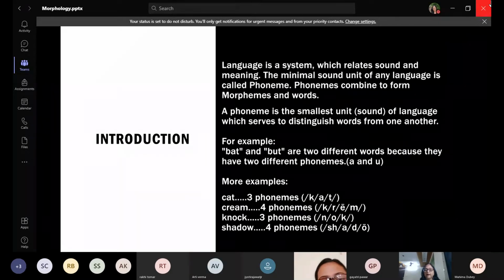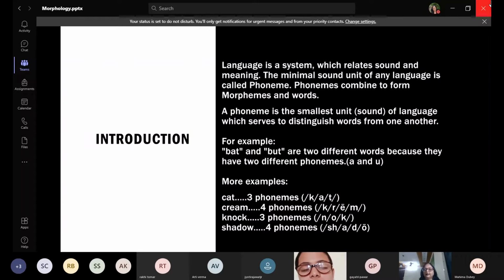Now what do you do? You change one phoneme. The vowel a is replaced by another vowel, giving but. So the two vowels are replaced, and what happens? Two different words are formed.